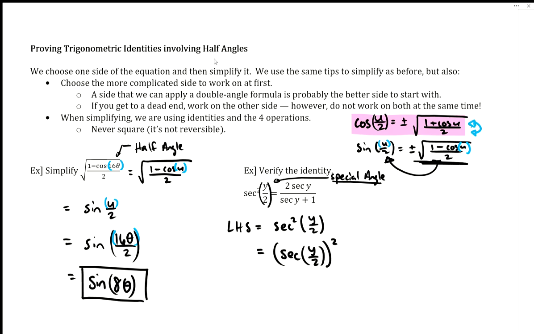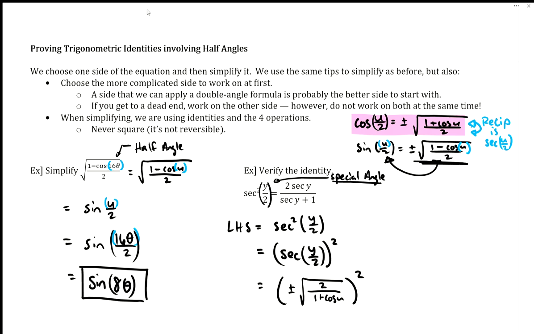The square root is still there, but we do our reciprocal, which is the secant of u over 2. So still big parentheses, still squared on the outside, and we have plus or minus the big square root, with 2 in the numerator and 1 plus cosine of u in the denominator.